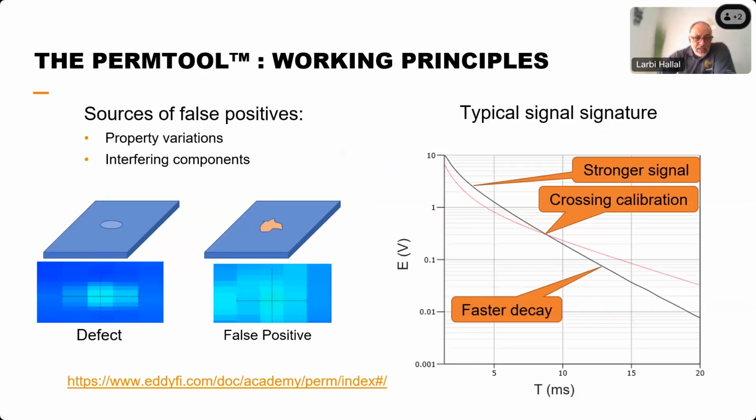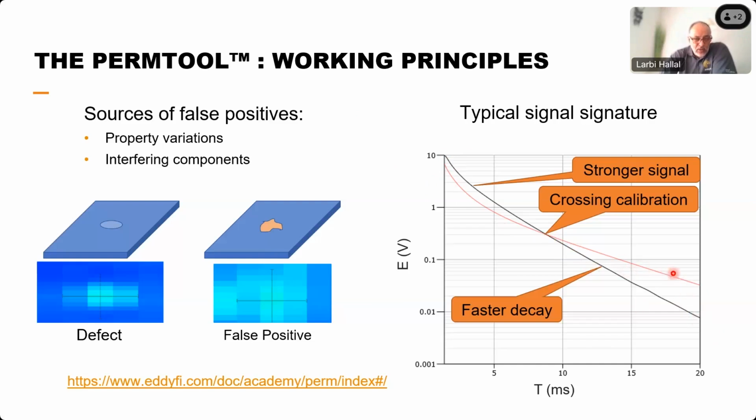On the right side, a typical signal that you can face when you do a PEC inspection. In red, your calibration signal on a nominal wall thickness, and all of a sudden, you have a signal that comes above the calibration line, a stronger signal, which is crossing the calibration signal and which has a faster slope, a faster decay.